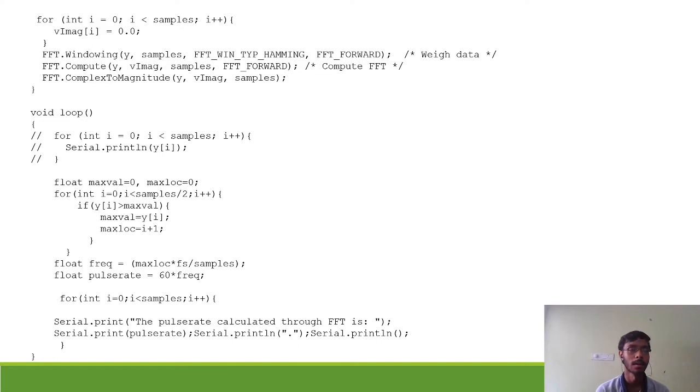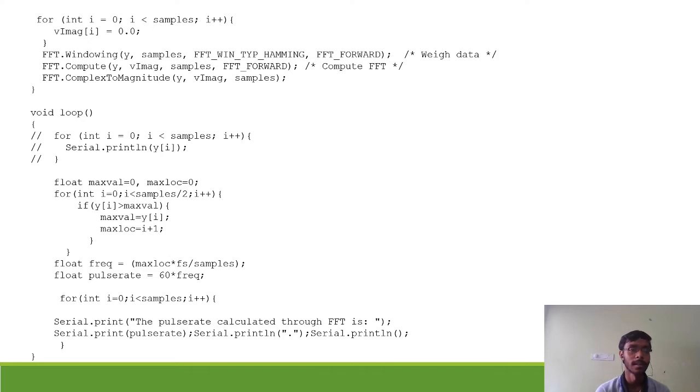Our y and vImag contain the input data, but these will be replaced by the output data. Next, we compute FFT.complexToMagnitude with y, comma vImag, comma samples, where y will contain the output, that is the square root of the square of the previous y plus the square of vImag.